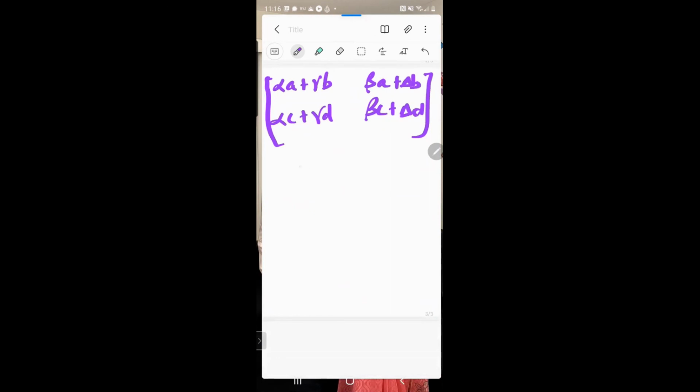Okay, so just to check how your understanding is, 2, 3, 4, 5. What is the result of this matrix multiplication? You guys try on your side and tell me what is the result of this matrix multiplication. Okay, 10, 6.